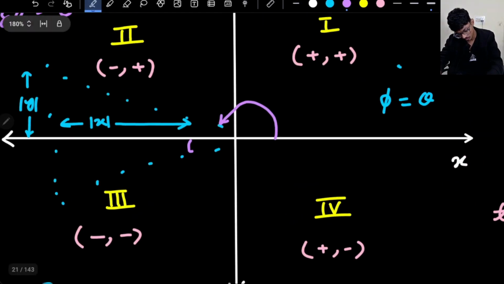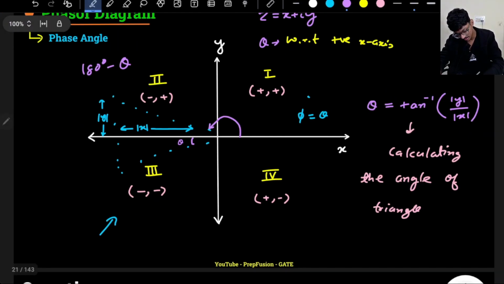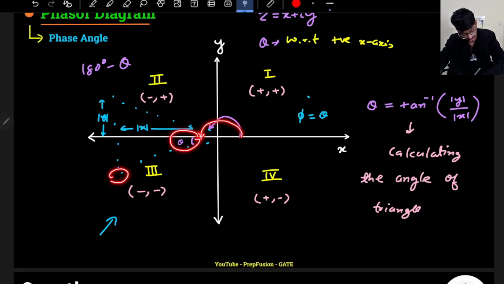This is theta. One thing is, this whole angle is 180, and if I add another theta I will reach this point. Or you subtract 180, because if I am moving in the clockwise direction I will go to minus 180, and from minus 180 I will add the extra theta.